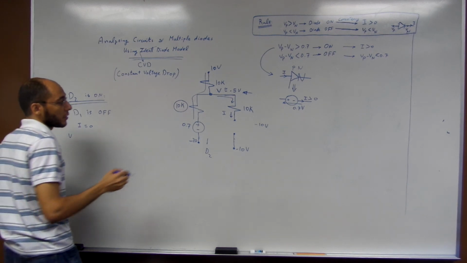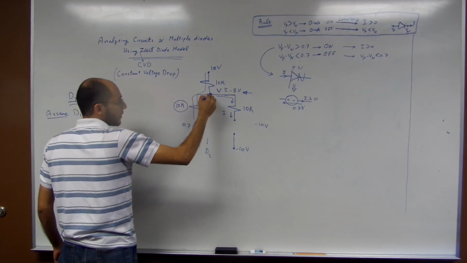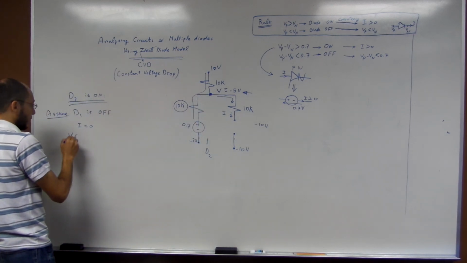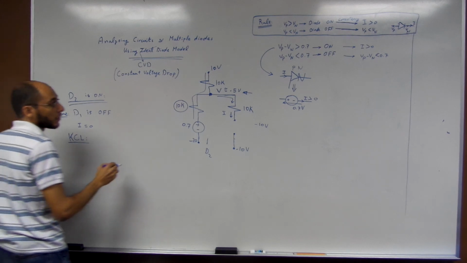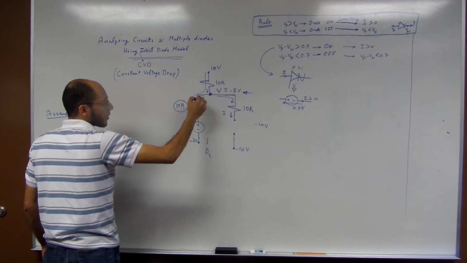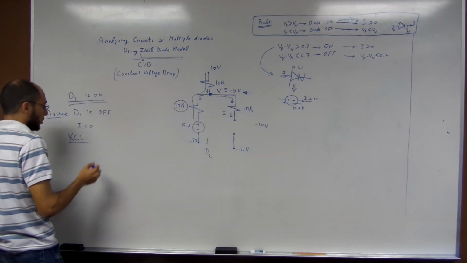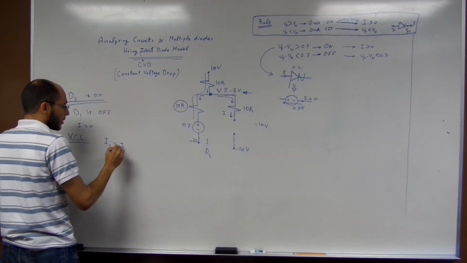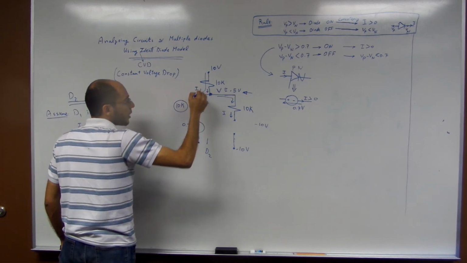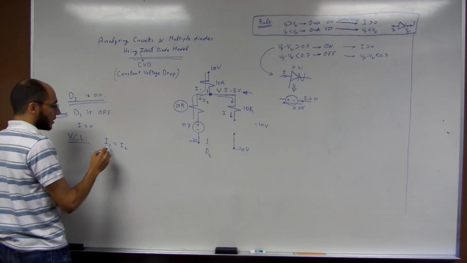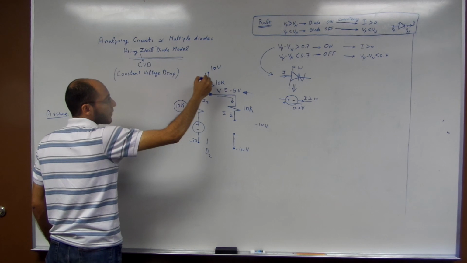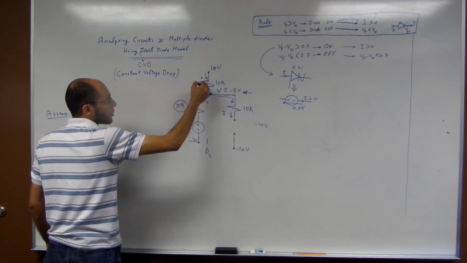You can do a KCL at this node. What is KCL? KCL says that the current passing here is equal to the current passing here. So I1 equals I2. That's I2, and this is I1. Right? What is the value of I1? Current passes from top to bottom, so the potential difference is from bottom to top.